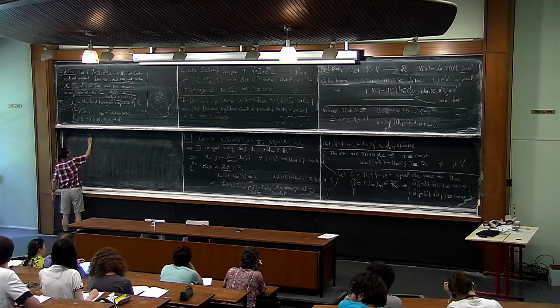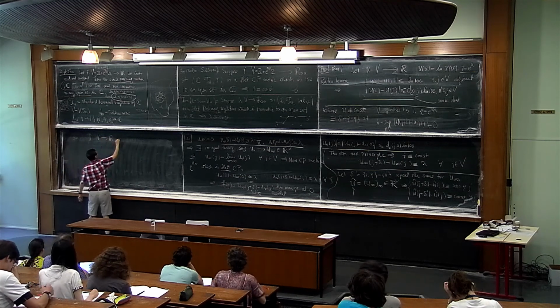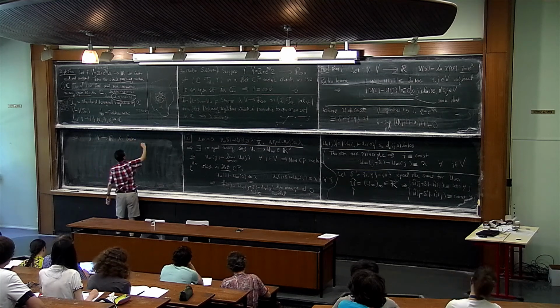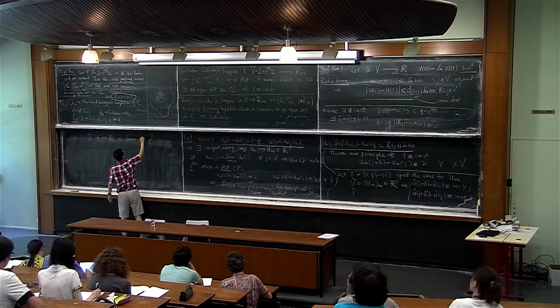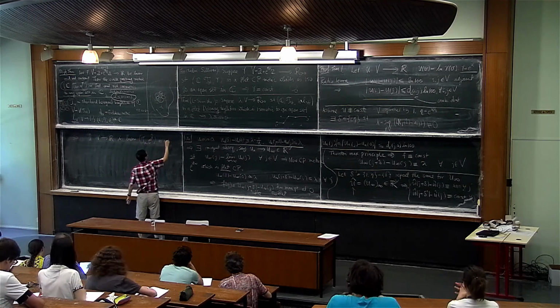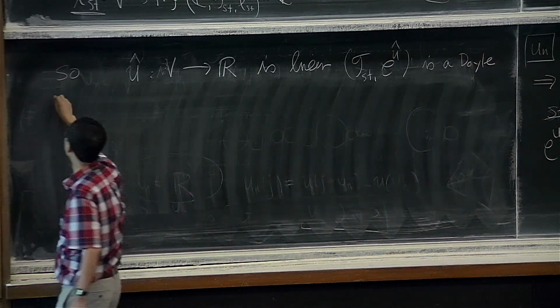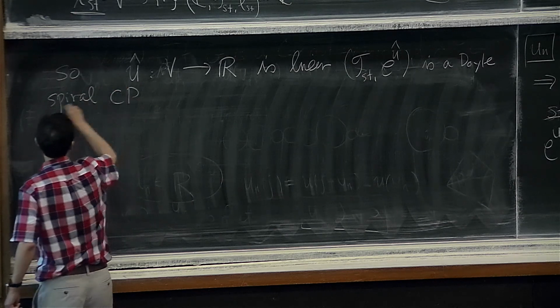So u hat from V to R is linear, and e to the u hat is a Doyle spiral circle packing.